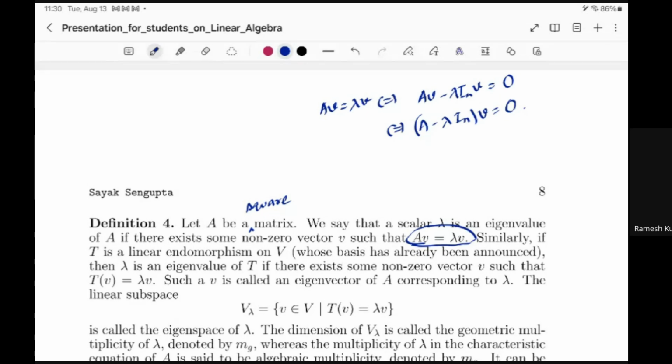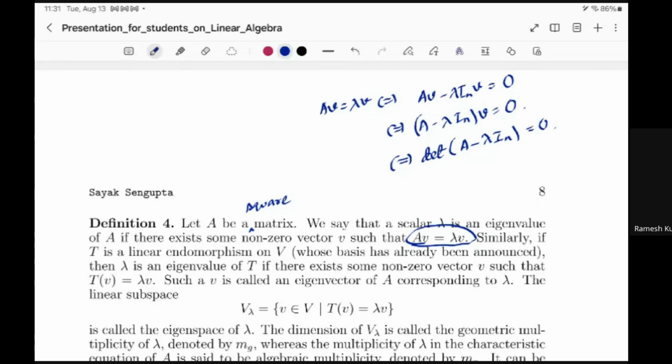And if that is true, that just means that the determinant of this matrix is equal to zero. We have just seen this in the last problem, that if the columns or the rows of a matrix are not linearly independent, then the determinant has to be equal to zero.